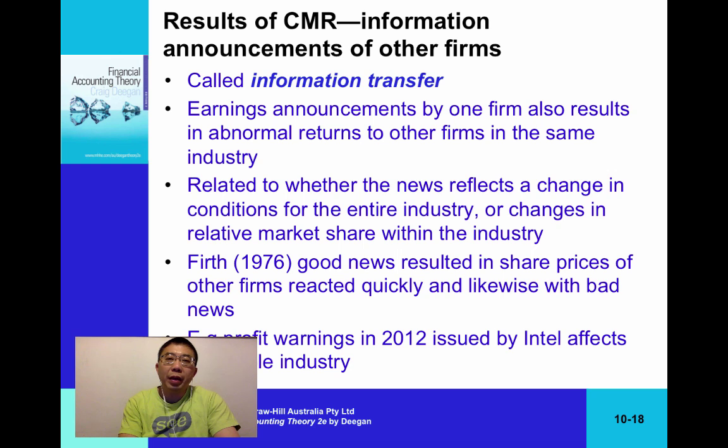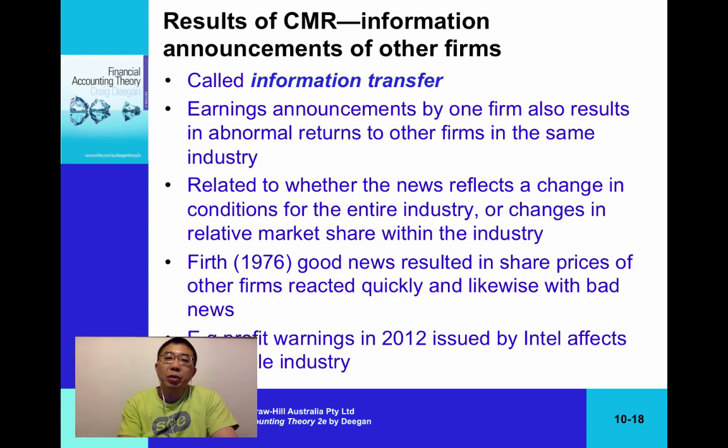The argument that there could be this correlation is based on the assumption that the conditions that affect one firm could be a reflection of what is happening in the entire industry. So if something is happening in the industry that has affected one firm, it should also have an impact on other firms within the industry.